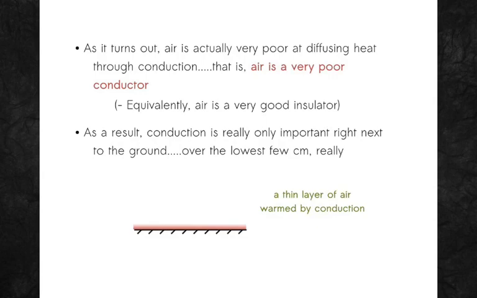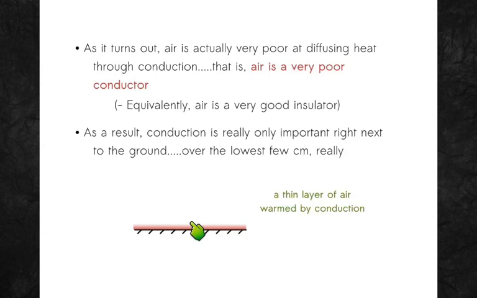Now, because air is pretty poor at transferring heat in this way, it actually doesn't manage to transfer it very far. So let's suppose we've got the ground warming up over the course of the day by absorbing radiation from the sun. As the ground warms up, the air next to it will warm up too by direct contact.